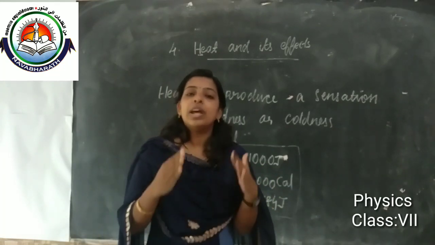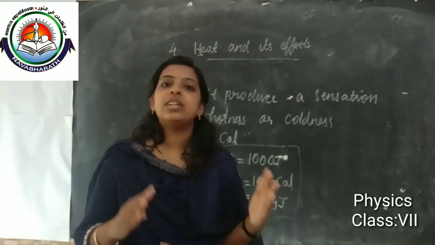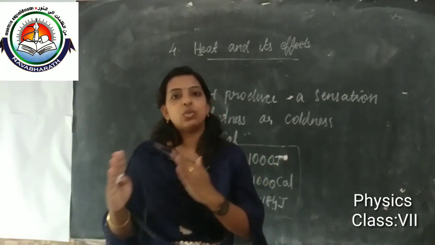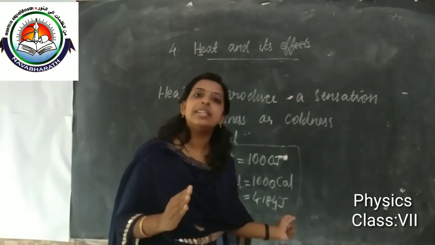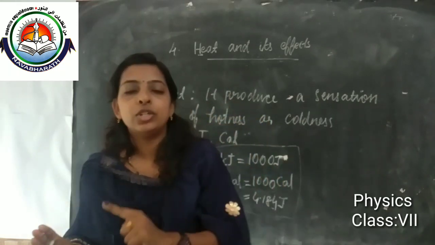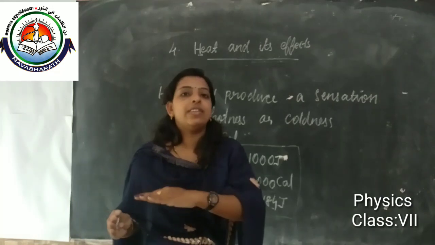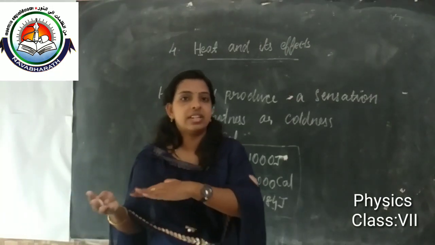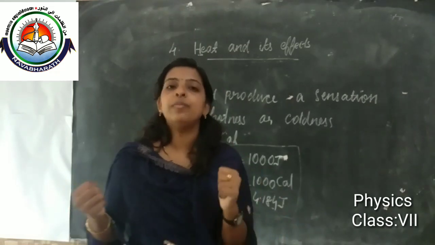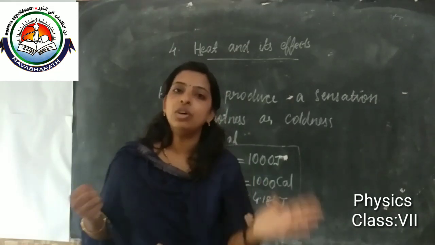Yes. So we know that we can convert one form of energy to other form. For example, heat energy we can convert into other energies, and other energies like sound energy, light energy, electrical energy, we can convert to heat energy.